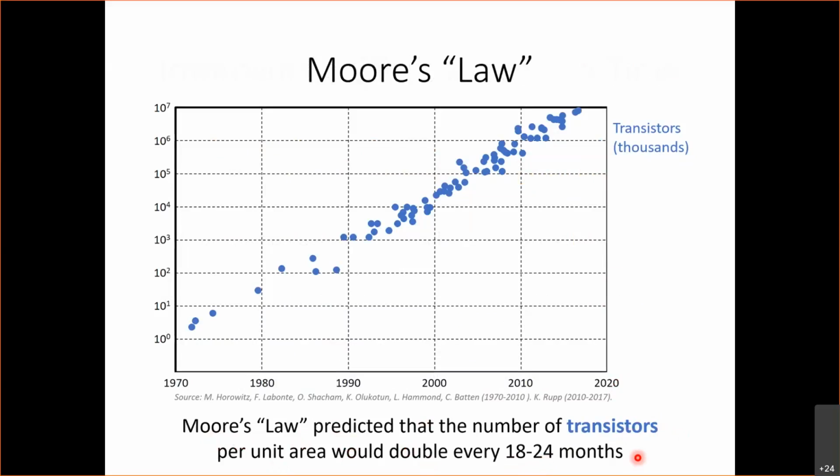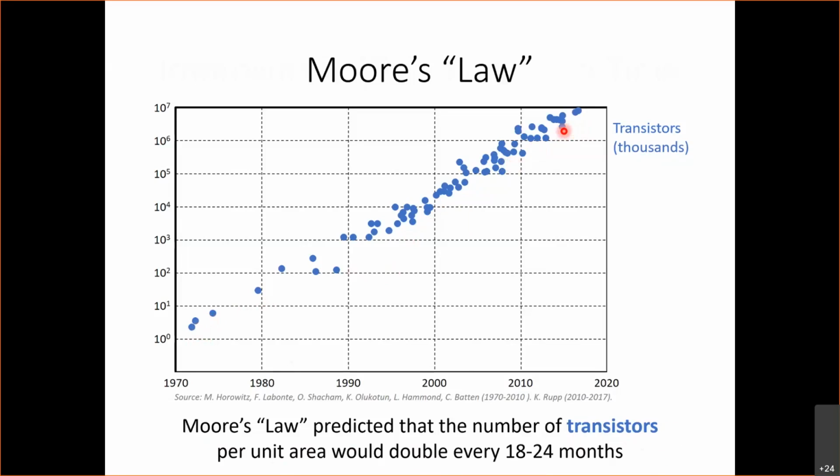This was a prediction that Gordon Moore made very early on, maybe in the 70s, and the prediction was not intended to last forever. It was intended to hold for a few years. But actually, this prediction held quite steadily, and since the 1970s, for quite a while, we've seen the number of transistors doubling every 18 to 24 months.